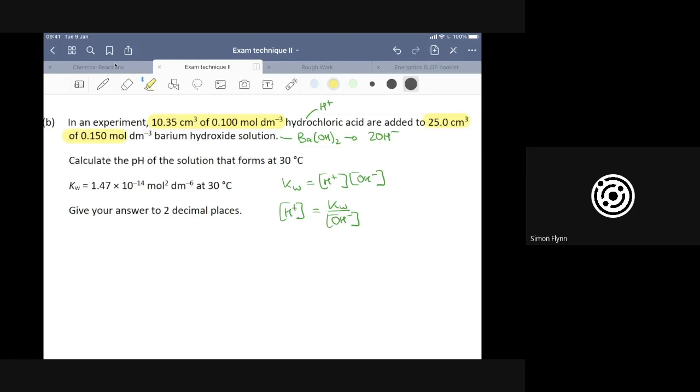And then I think a third mark would have been doubling the barium hydroxide concentration to get the hydroxide concentration. But anyway, it doesn't matter. There is no excuse for getting 0, because you can absolutely do those calculations. Okie dokie.